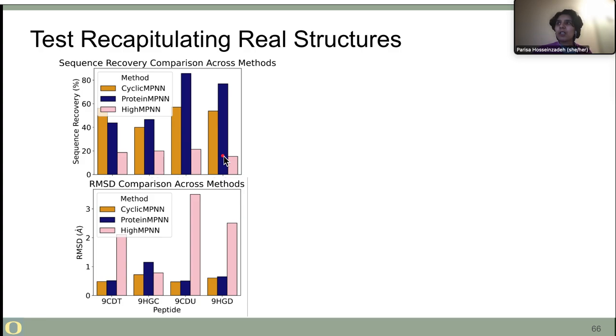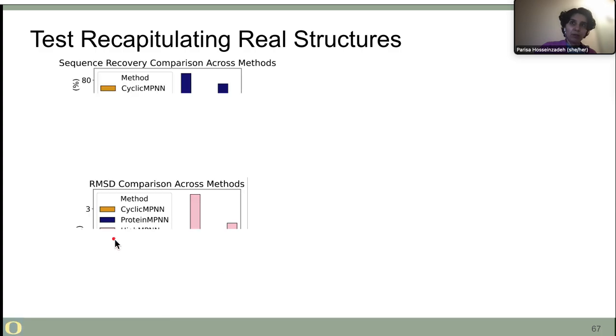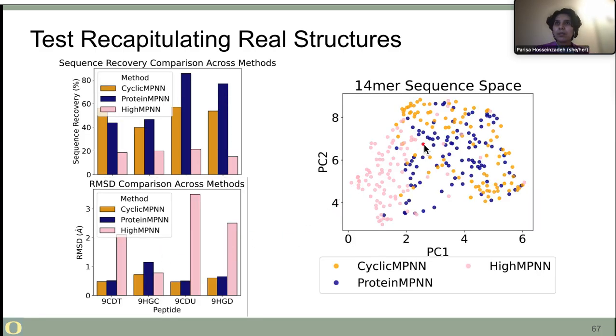And then if we check RMSD, we can see that cyclic MPNN and protein MPNN are both good. Cyclic MPNN is always a little better, and then this one is not great at all. And you can, I hope, see it better in 14-mer space that cyclic MPNN and protein MPNN are basically in the same region, whereas HighMPNN is searching somewhere else.